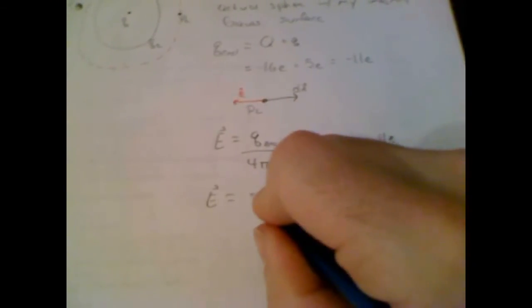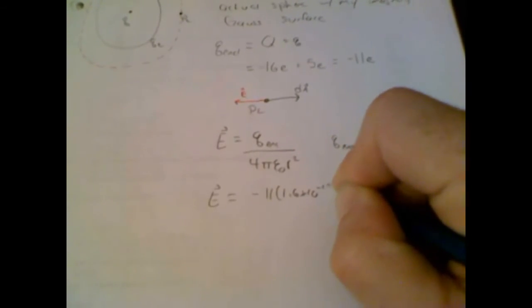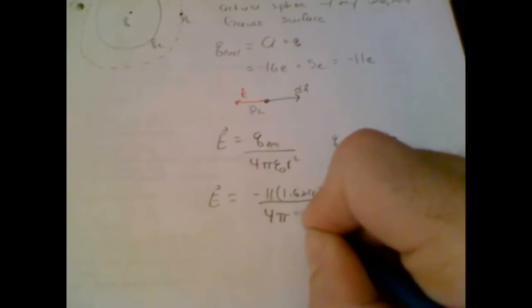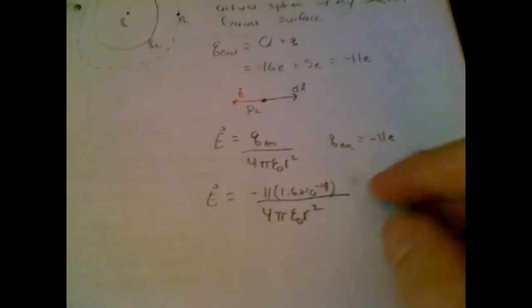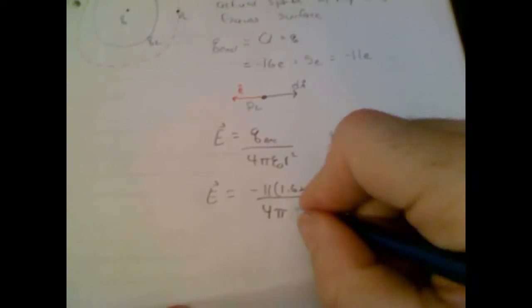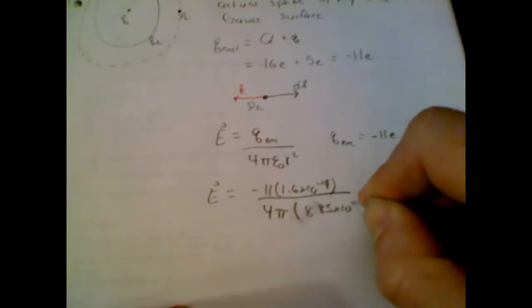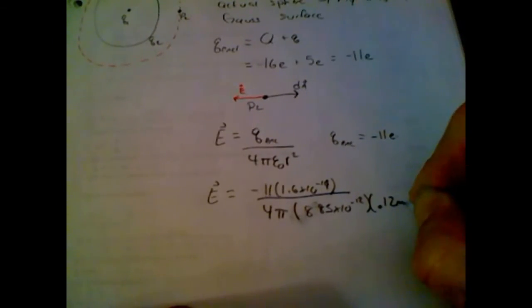So my electric field at point P2 would be negative 11 times 1.6 times 10 to the negative 19th divided by 4 pi epsilon naught r squared. I want to put in our constants there, divided by 4 times 8.85 times 10 to the negative 12th times r of 0.12 meters.